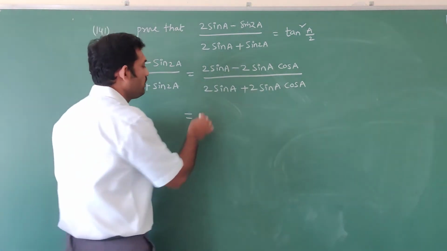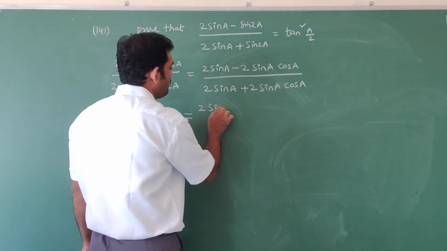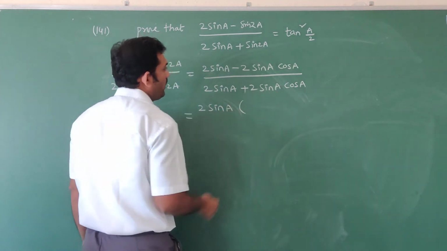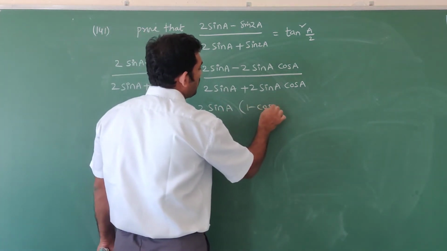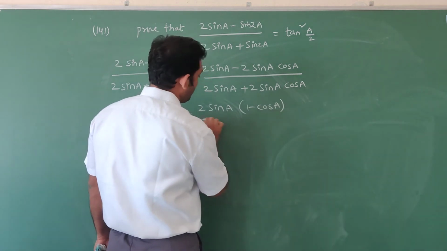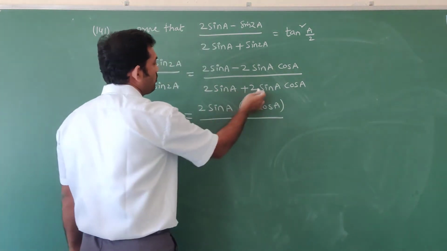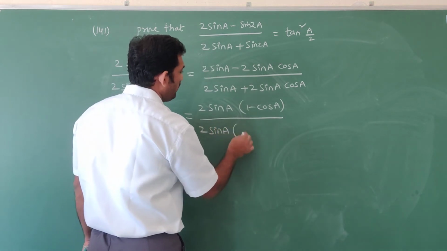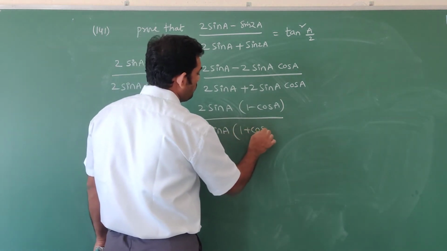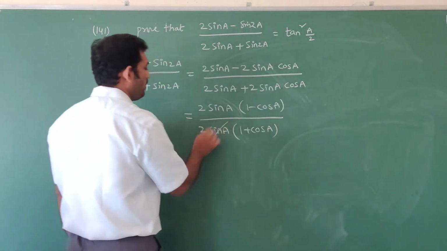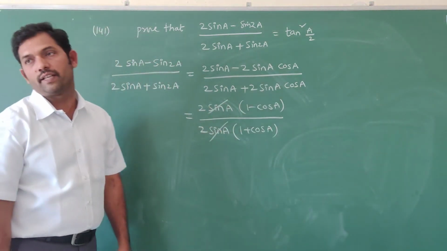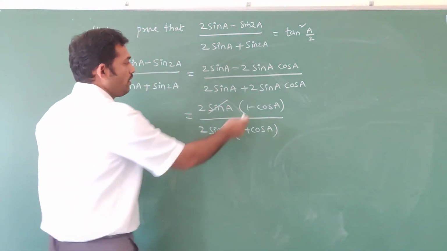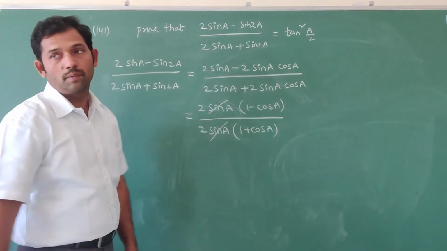So 2 sin A common in the numerator, 1 minus cos A, divided by, here also common, 2 sin A, remaining 1 plus cos A. So both will be cancelled. 2 sin A cancels, remaining 1 minus cos A over 1 plus cos A.